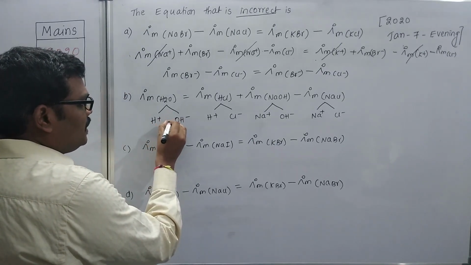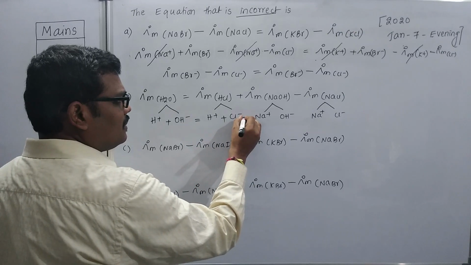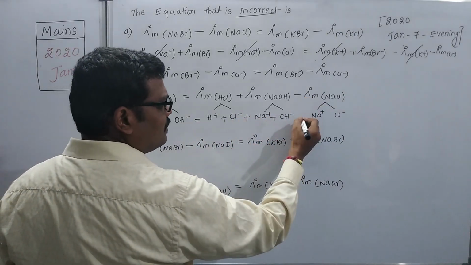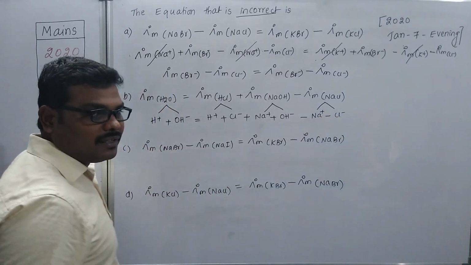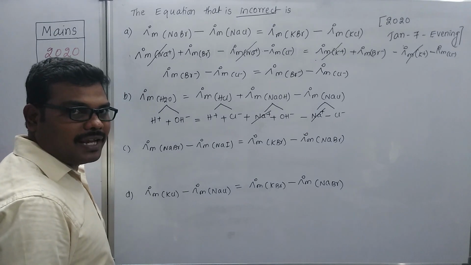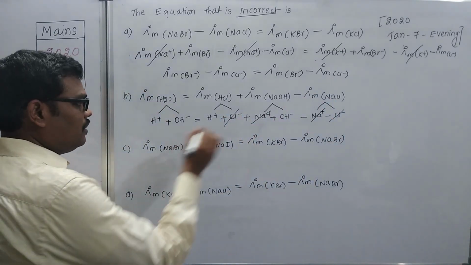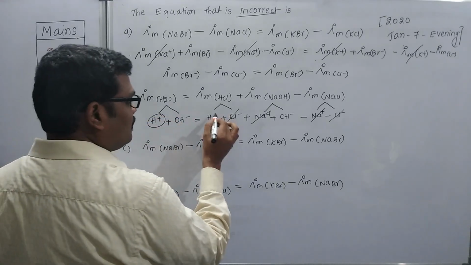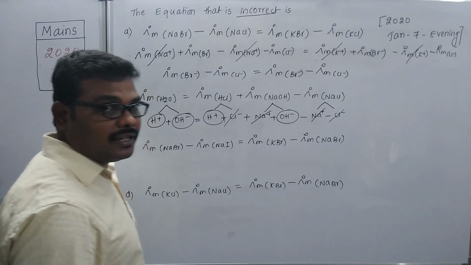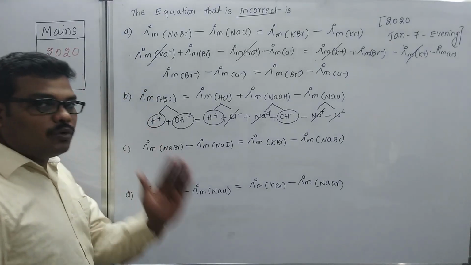Now here H+ OH- is equal to H+ Cl- plus Na+ OH- minus Na+ minus Cl-. So plus Na+ minus Na+ will be cancelled. Plus Cl- minus Cl- will be cancelled. Then what is remaining? H+ and OH-, here H+ and OH-. Yes, it is correct. This is a correct relation. So we move to the next one.